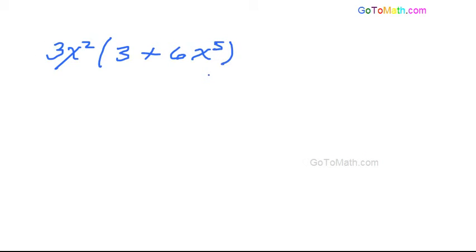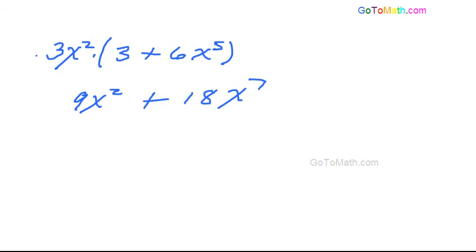It's asking us what the degree of the polynomial is, so we'll work this out in standard form and then determine its degree. Let's distribute the 3x squared across inside. 3x squared times 3 is 9x squared, plus 3 times 6 is 18, and remember, we add our exponents, so this ends up being 5, 6, and 7.